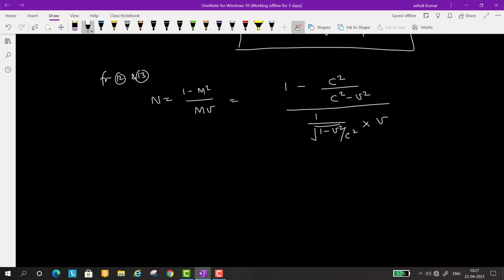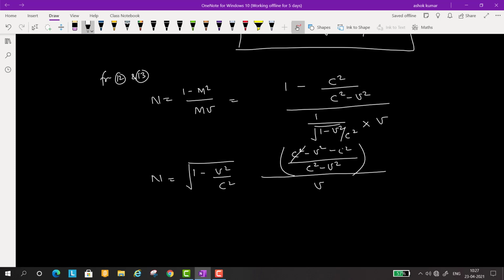So when we solve this, this goes on the numerator, v remains here. Here it is c square minus v square. When we take the LCM, so one v cancels with this, so it is minus v upon c square minus v square.